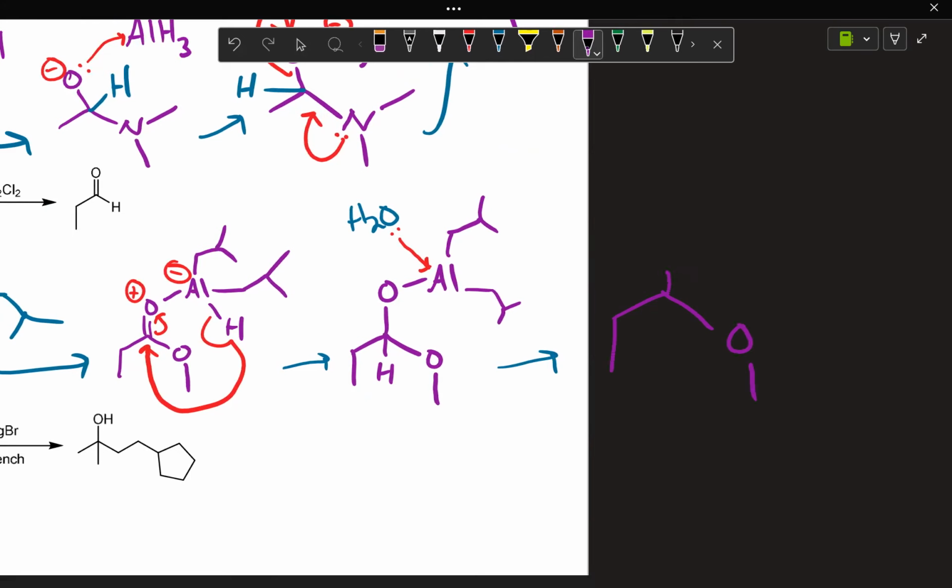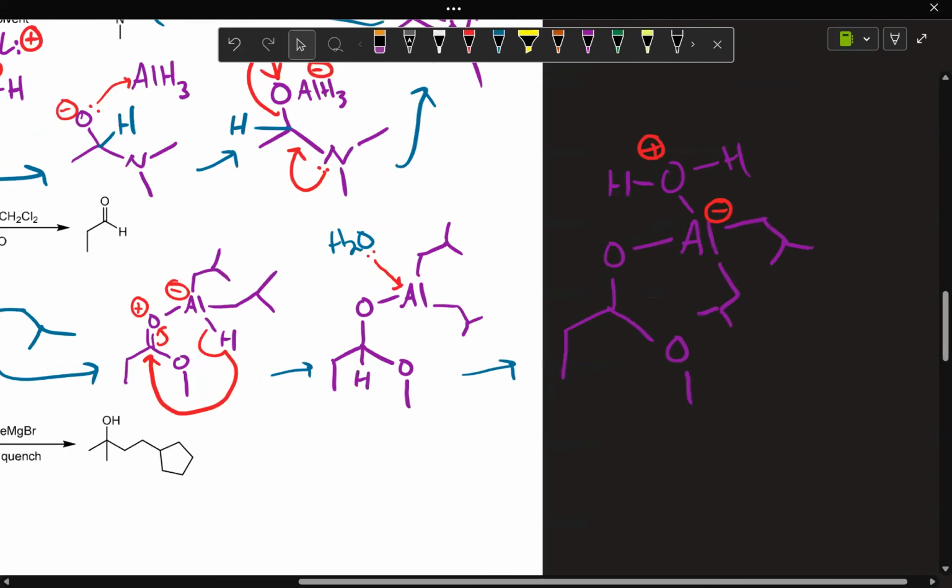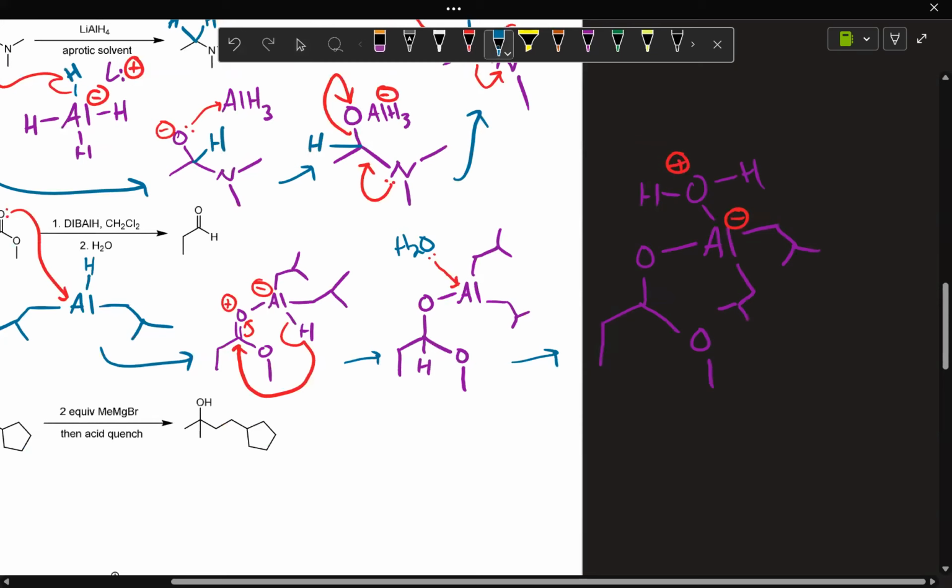So now we have this group. And let me actually draw out the hydrogens, and I'll show you why. Now we have this group. And here, now we're going to go in one step from where we are to the product.